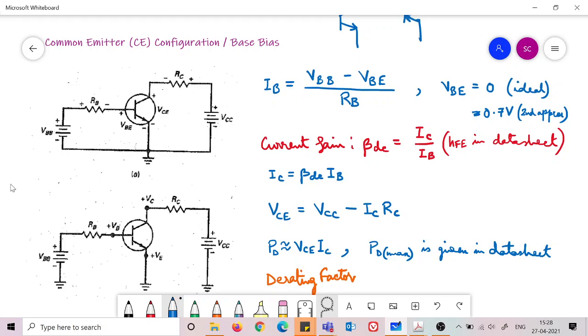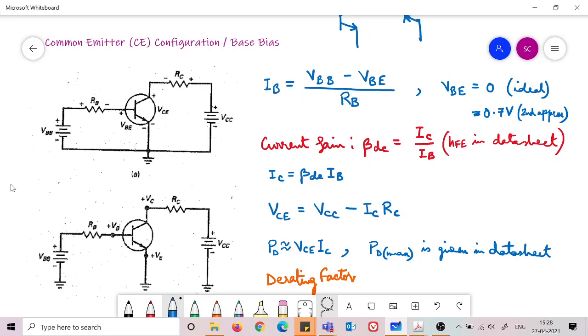And if you consider this ideal, then you can consider 0. But in case of transistor, mostly we consider the simplified model or the second approximation, where we consider VBE as 0.7 volt. So this circuit is complete.